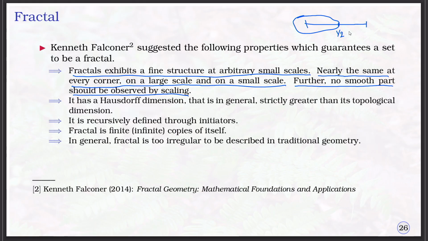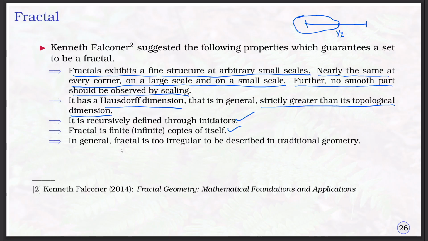And the second property: the fractal has a Hausdorff dimension that is in general strictly greater than the topological dimension, which was already defined by Professor Benoit Mandelbrot. Then it is recursively defined through initiators. A fractal is a finite, sometimes infinite, copy of itself.